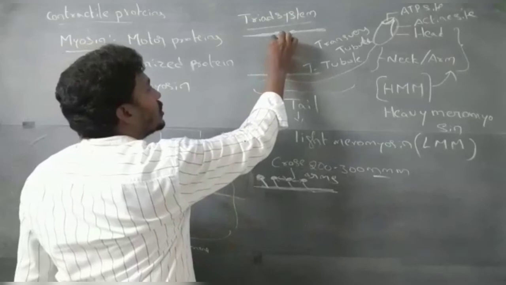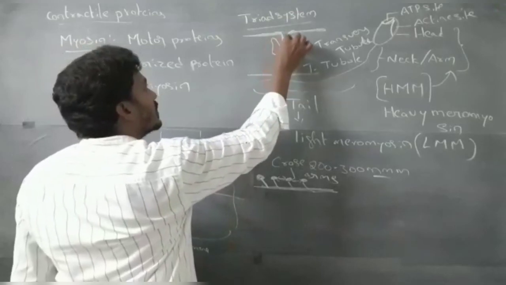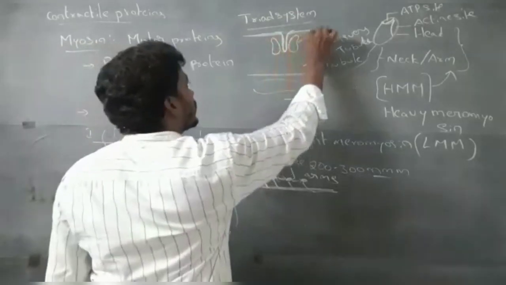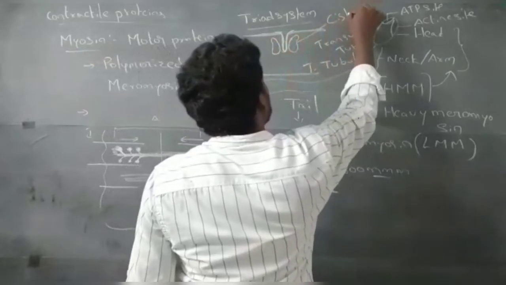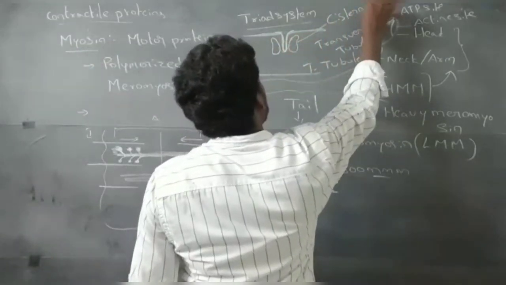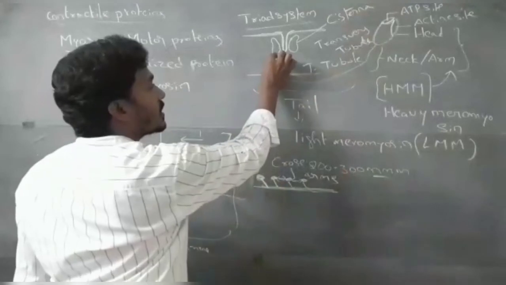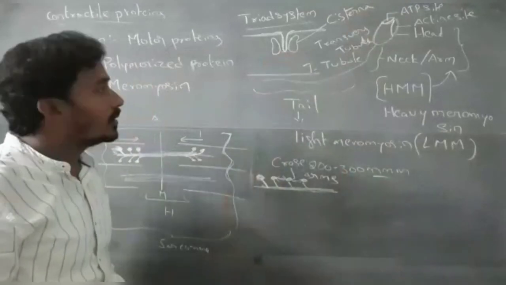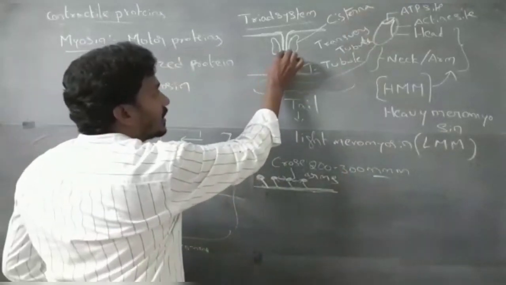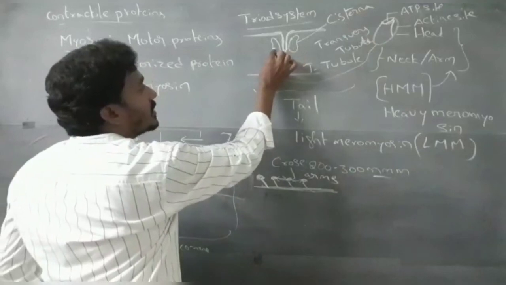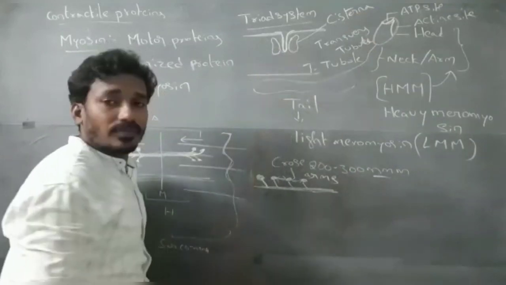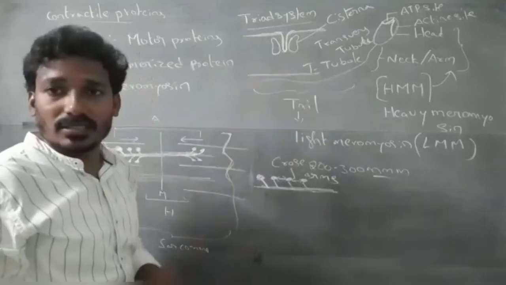Either side of the T tubule contains a cisterna. This is the cisterna. The cisternae store calcium ions.